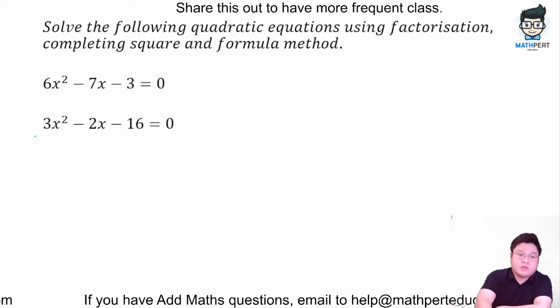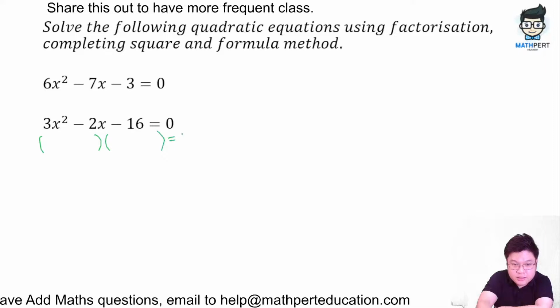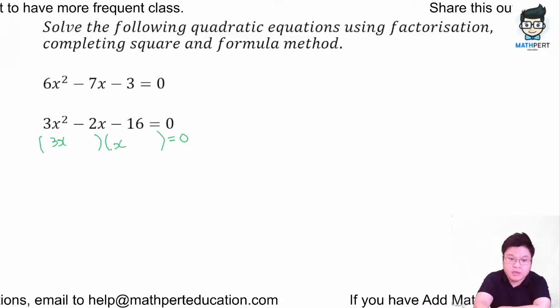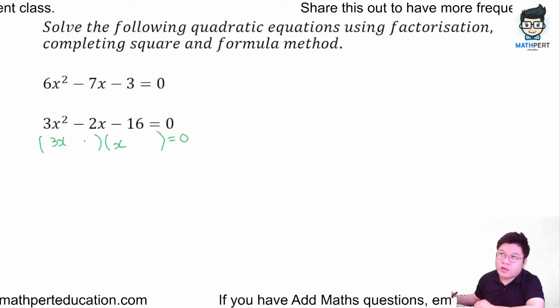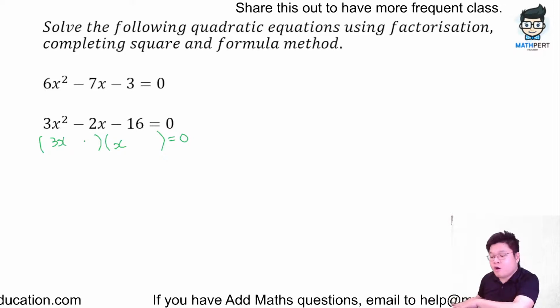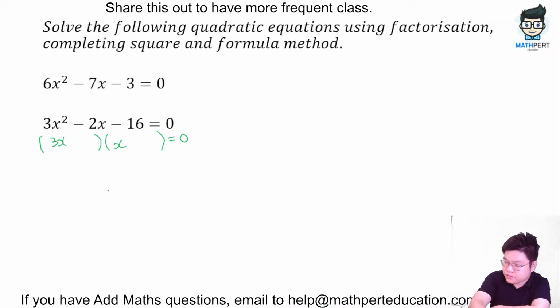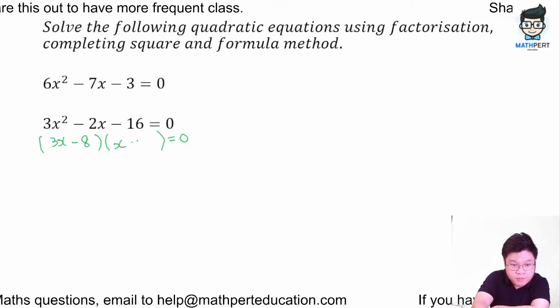Okay, so straight away do it from here, factorization. This will be 3x, this will be x. So 16, let me check. 16 will be 4 and 4, or 8 and 2. I'll be using 8 and 2, negative 8 plus 2.